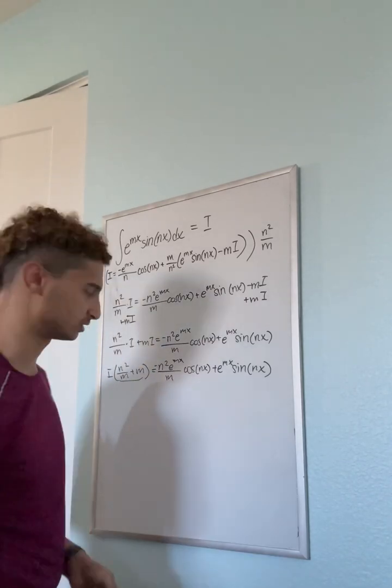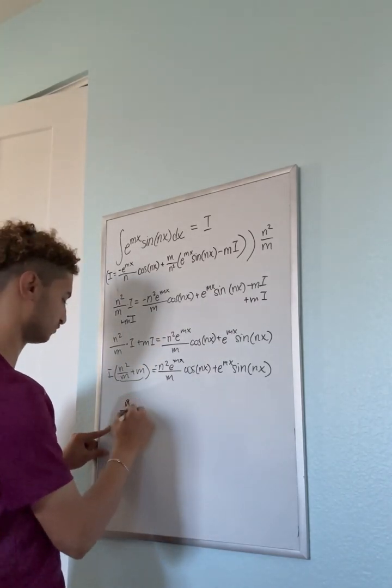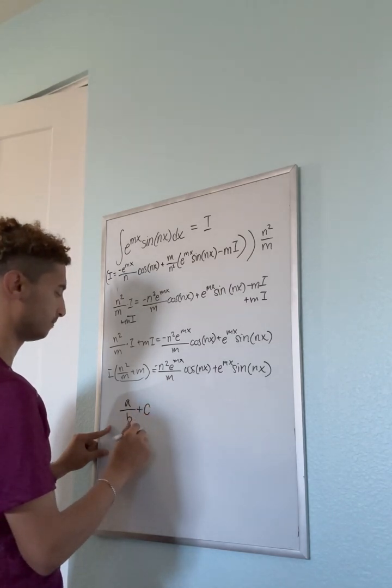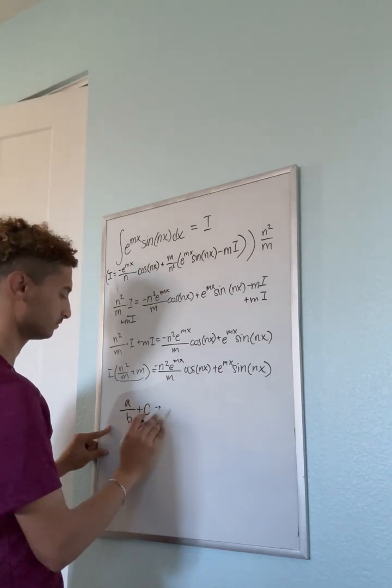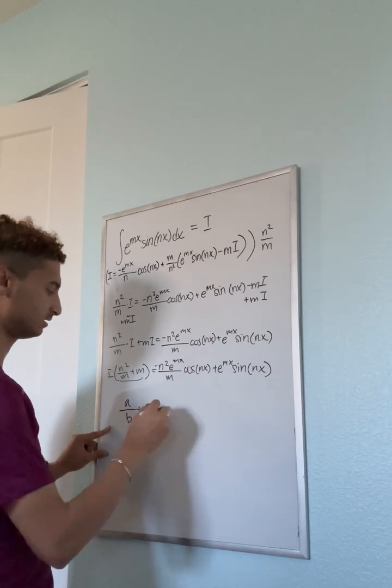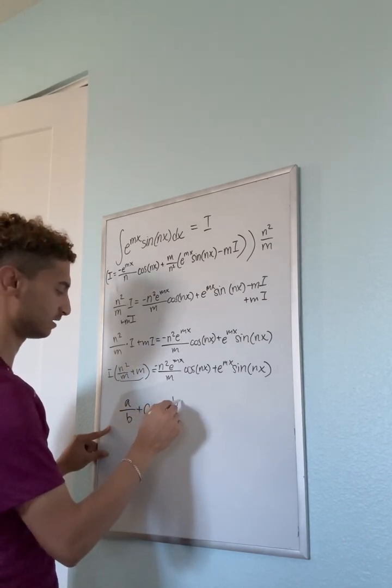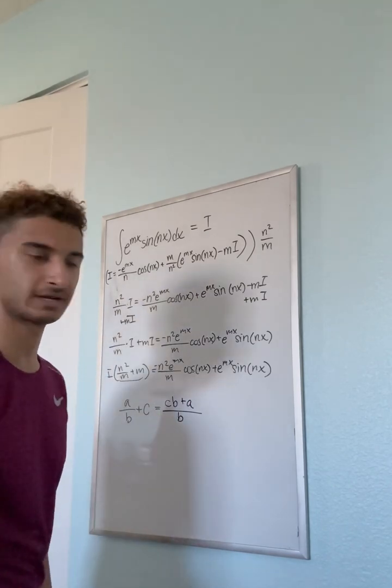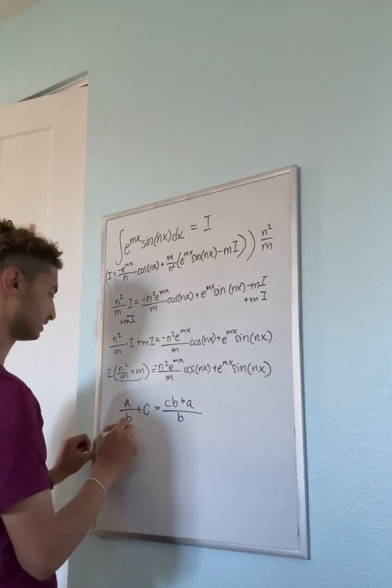so I'm gonna make it into a single fraction. So a nice formula that you could use is if you have a over b plus c, you could make it c times b plus a over b. So you can think about it like this.